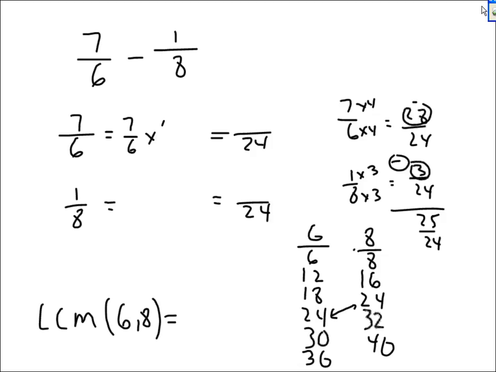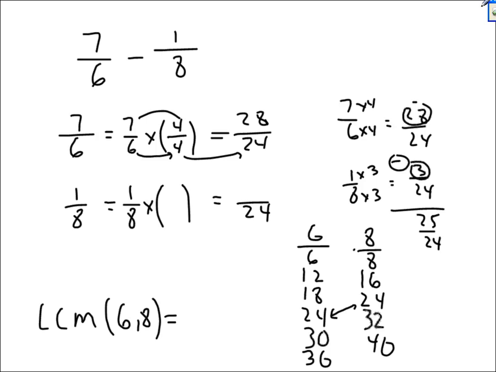I'm going to multiply by 1 as 4 over 4. Why 4 over 4? 6 times 4 is 24. That's the only reason. And 7 times 4 happens to be 28. They didn't care what the numerator equals, to be honest. 1 over 8 is equal to itself times 1. And since 8 times 3 gives me 24, I'm going to multiply by 3 over 3, which is 1. 1 over 8 is equal to 1 over 8 times 1.